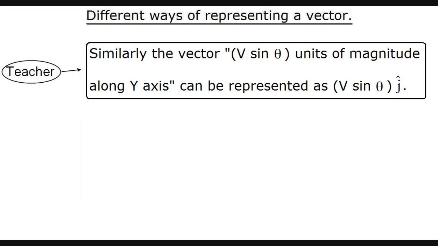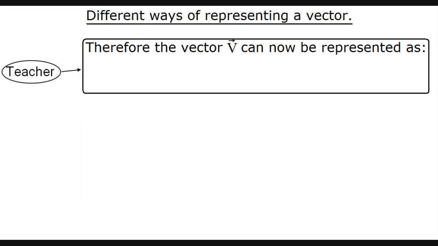Similarly, the vector v sin theta, units of magnitude along y-axis, can be represented as v sin theta times j hat. Therefore the vector v bar can now be represented as v bar is equal to v cos theta times i hat plus v sin theta times j hat.